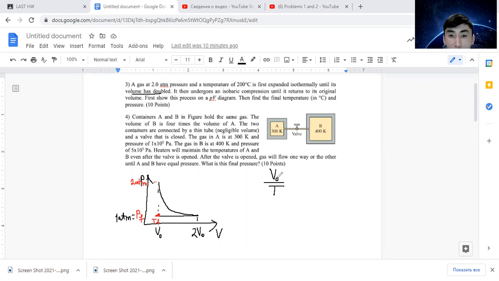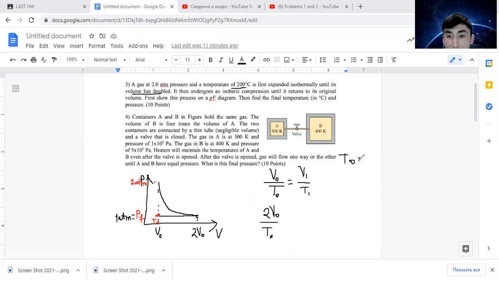We need to write it here as V0 over T0 equals V1 over T1, right? Here V1 is equal to 2V0 over T0. T0 is this here and here the temperature will be constant. It's equal to 200 degrees.